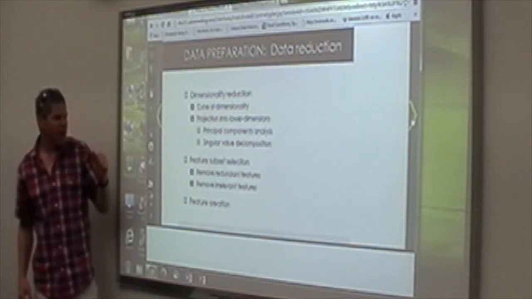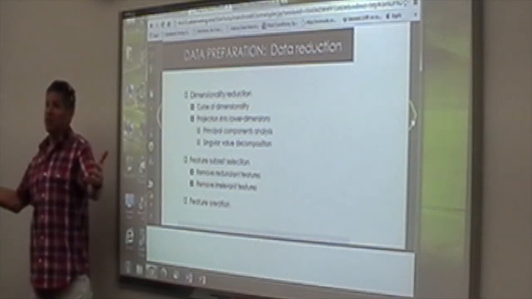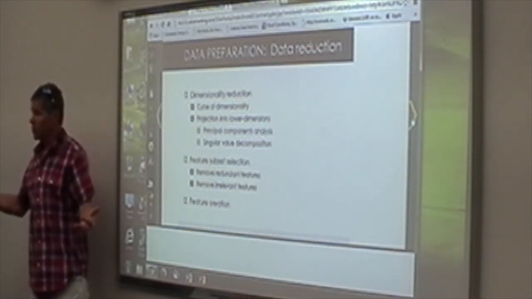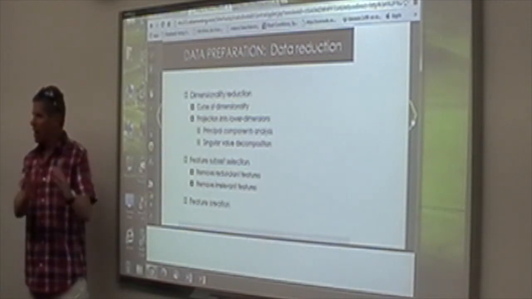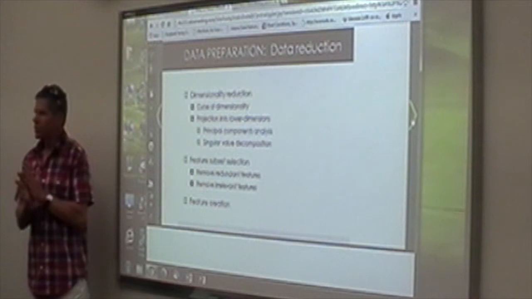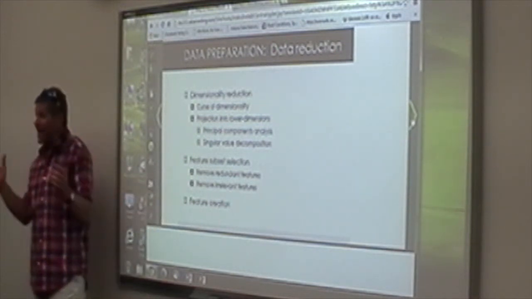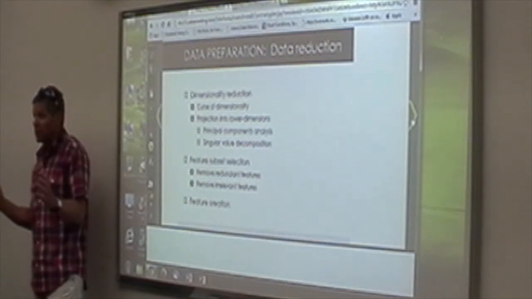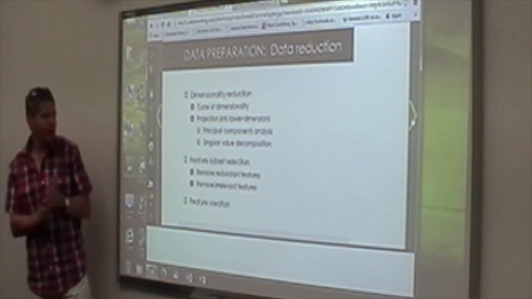Feature subset selection: you see redundant features. You don't need it multiple times if they're really getting at the same concept, the same type of measurement, but you're not necessarily seeing that. Remove irrelevant features. Again, you have to be careful. Who's deeming that they're irrelevant without going through and finding out?